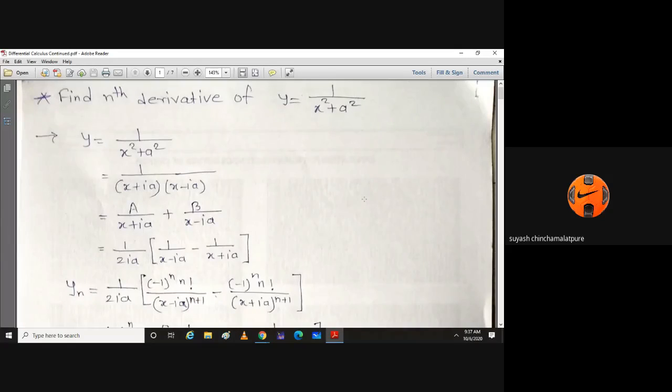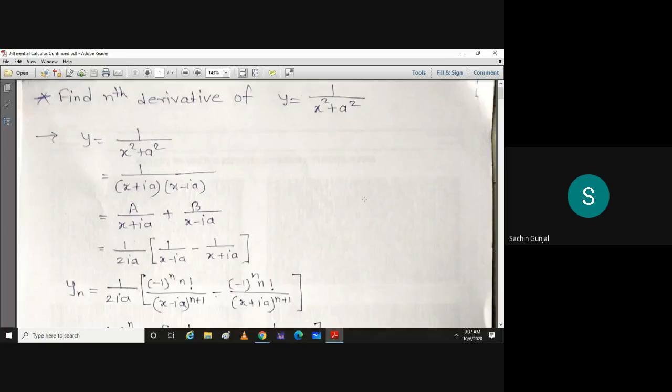Okay. So let us quickly recall what we have seen yesterday. We are in successive differentiation, and in that we covered some problems based on nth derivative of standard functions.